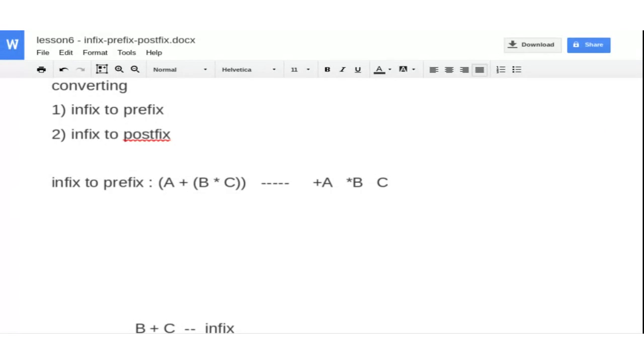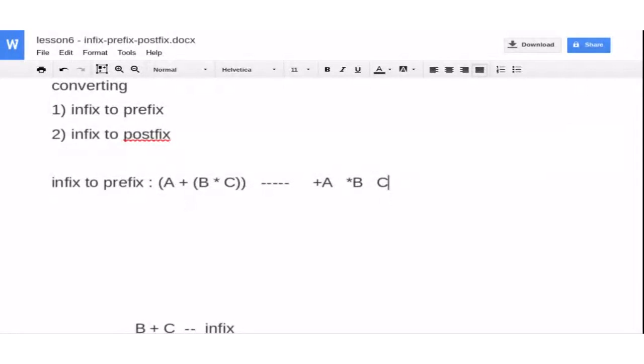So the way it was written, A plus B times C, that was the infix. And then this is the prefix format for that expression. All right, so what we are therefore saying is that it is a simple process.